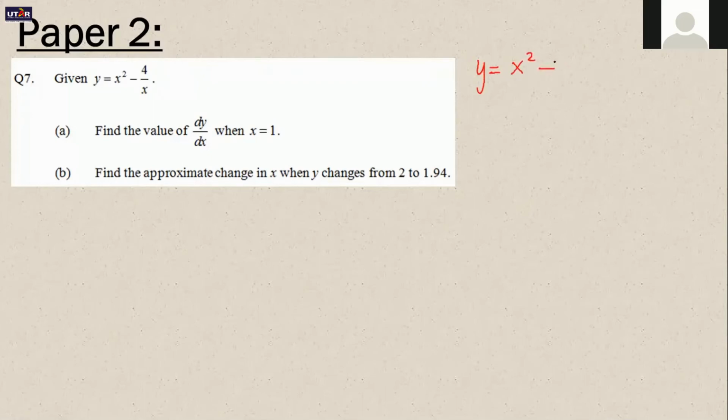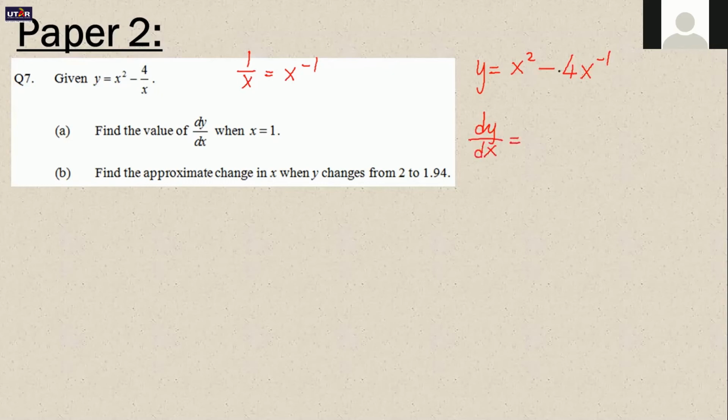If you can change it to a power function, it will be much better because we have the formula for power functions. We know that 1 over x basically means x to the power of negative 1, so we can change it to 4x to the power of negative 1. Okay, so find dy over dx.